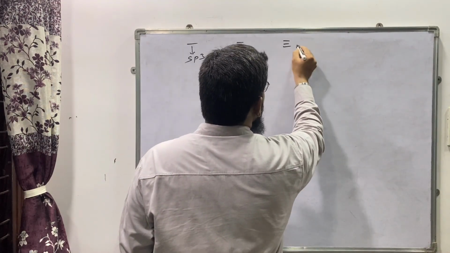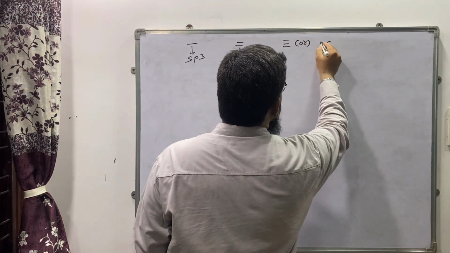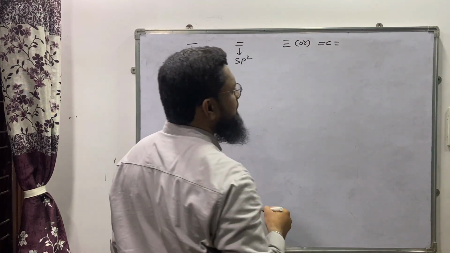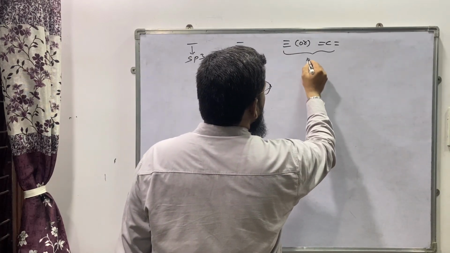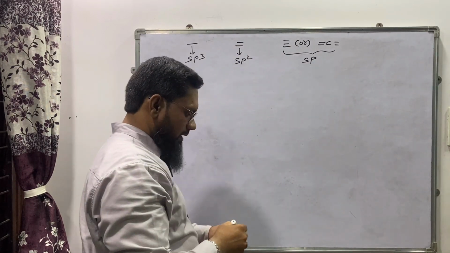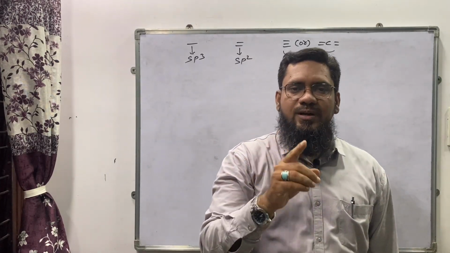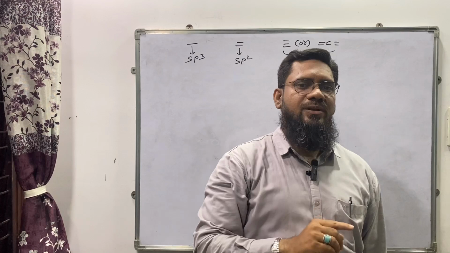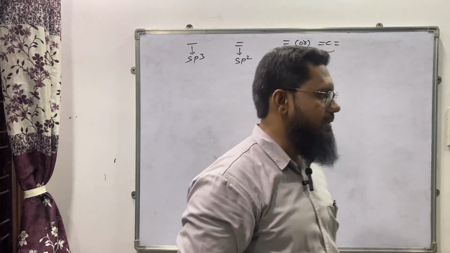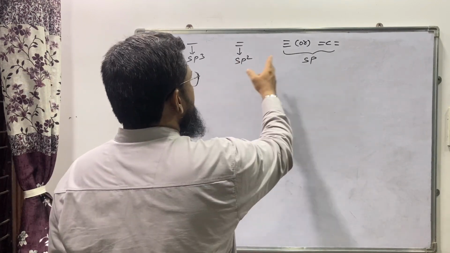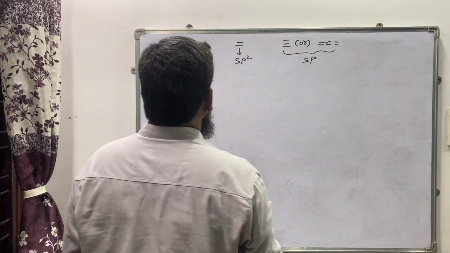If we have the triple bond, or if you have the carbon with double bonds on both the sides, in these cases we take the sp hybridization. So for sp hybridization we have the two cases. Triple bonded carbons, we take the sp hybridization, as well as carbon with double bonds on both the sides. The reason is very simple. We count only sigma bonds, we don't count the pi bonds.